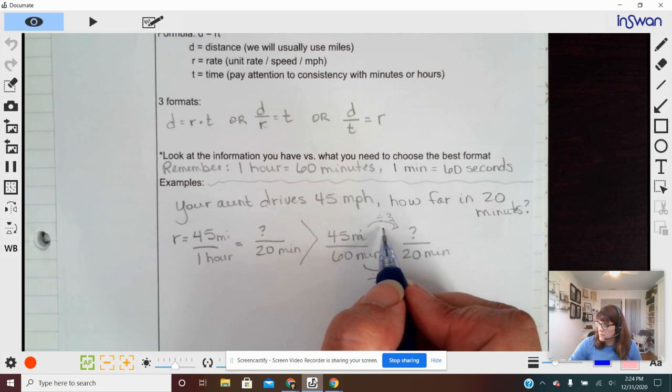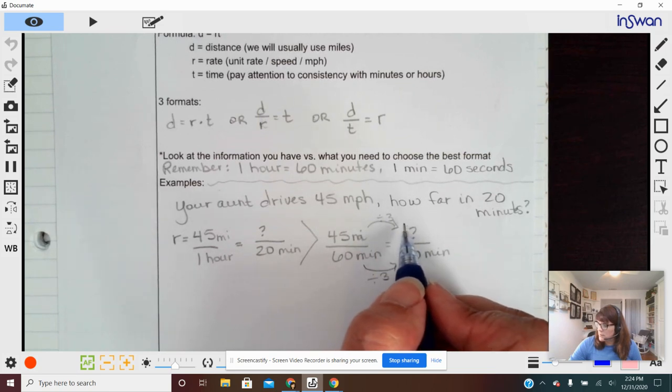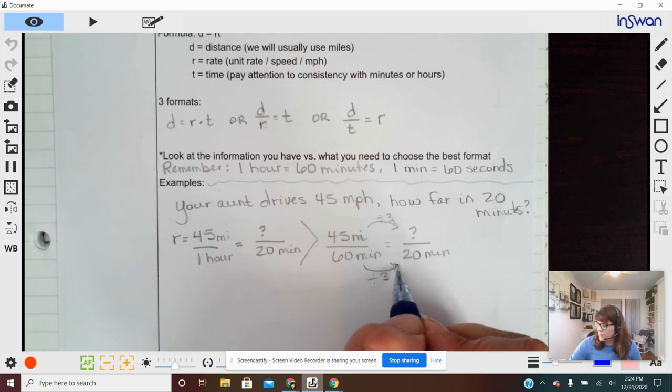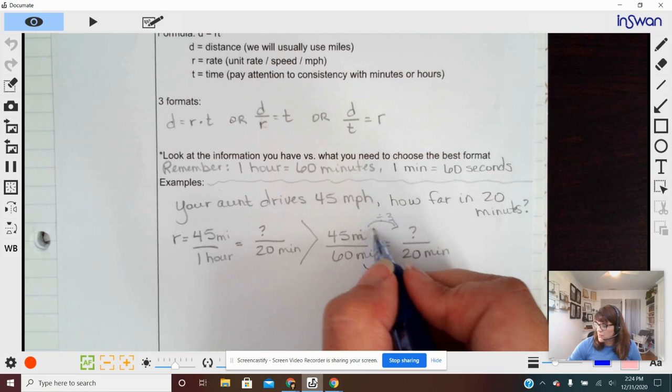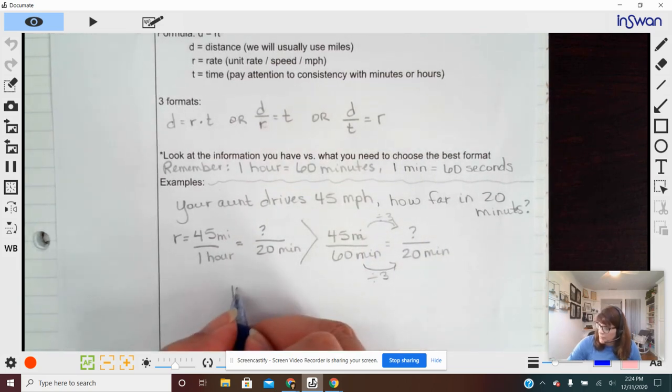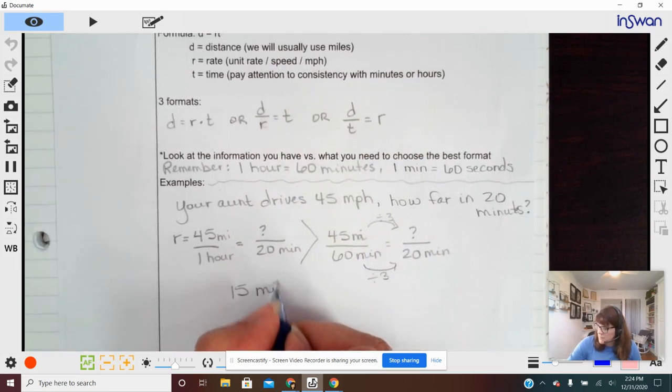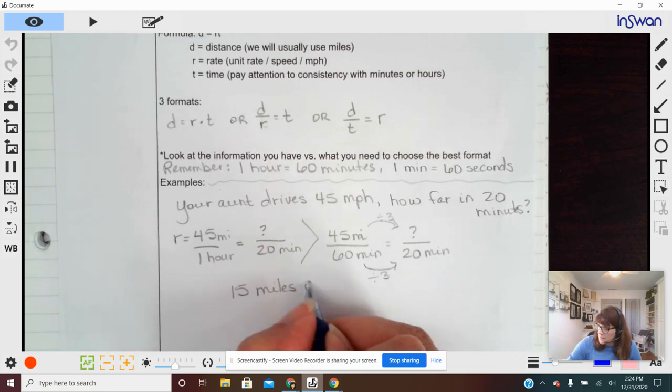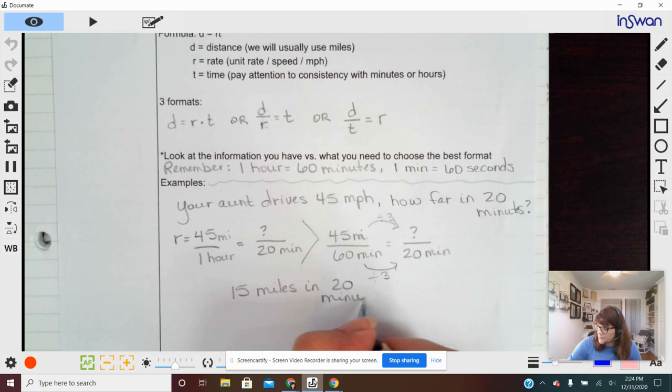Okay. So that is going to be 15 miles in 20 minutes.